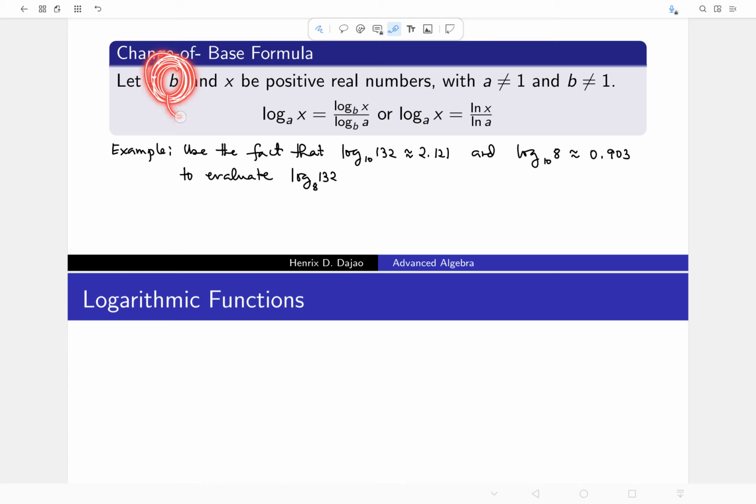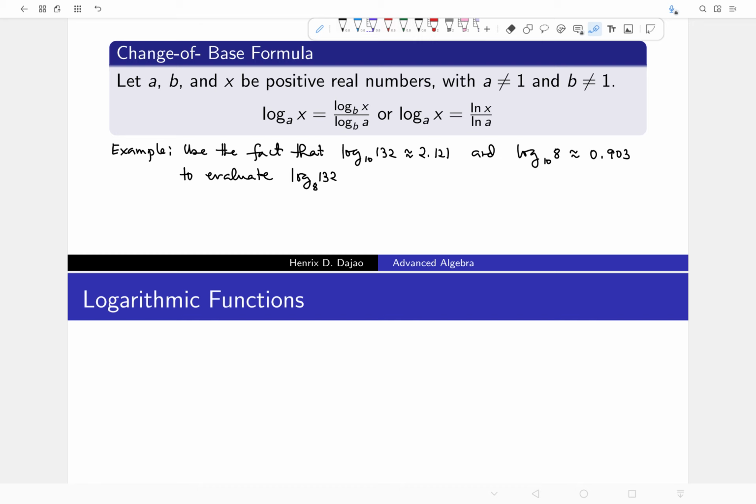So that is equal to log of x with base b over log of a with base b.